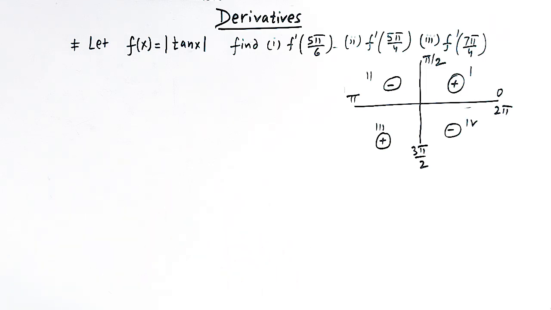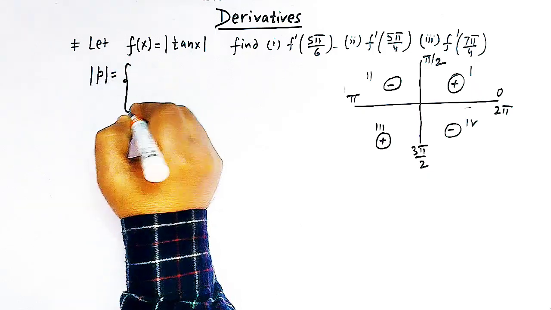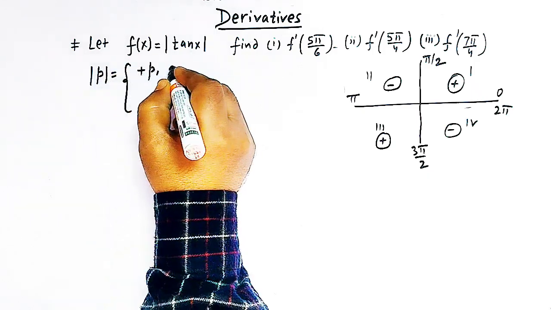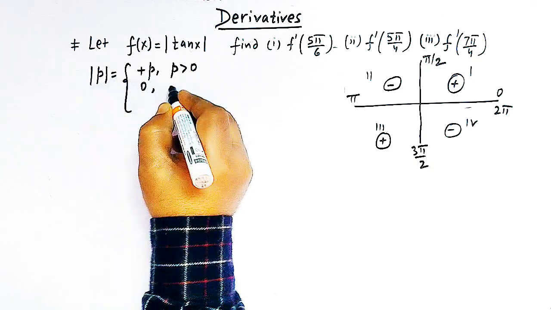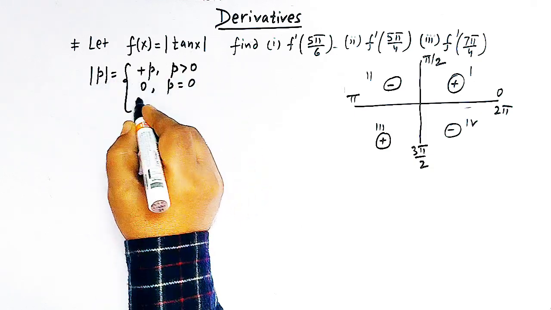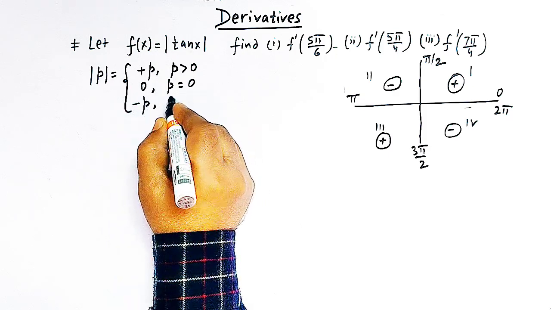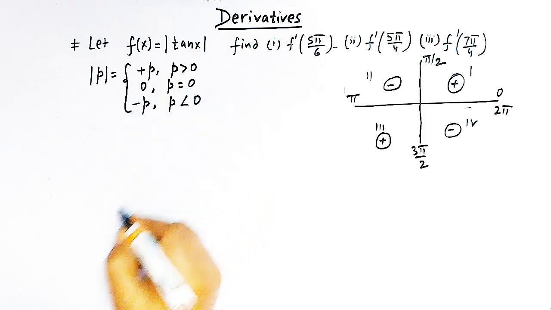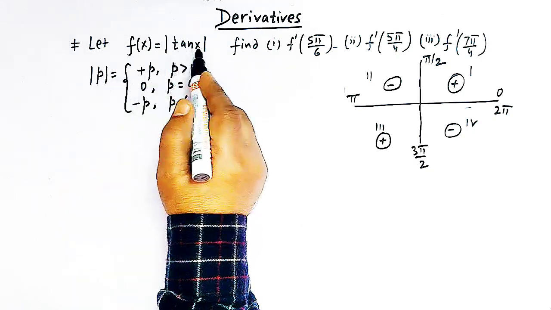Now let us first quickly see the definition of mod function. Mod of p is defined as positive p whenever p is greater than 0. Mod of p is 0 when p is equal to 0, and mod of p is equal to negative p when p is less than 0. So let us replace this p by tan x.